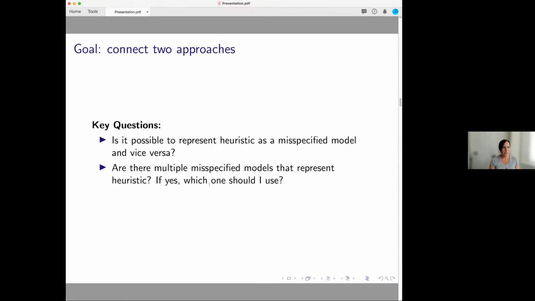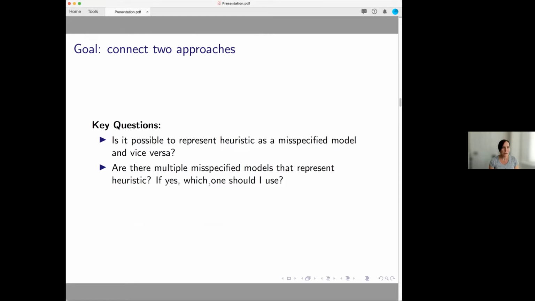And the key questions we ask are, first of all, is it possible to represent a heuristic as a misspecified model and vice versa? In other words, if we take a heuristic, does there exist a misspecified model that leads to the same pattern of beliefs across time when agents are learning, and similarly for the other direction?